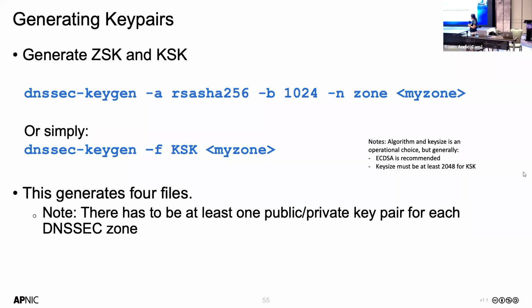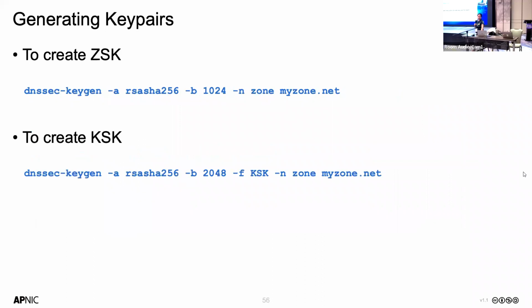After doing the key generation, you should have 2 files: one private key and one public key for ZSK. Then when you repeat the process for KSK, you'll have another 2 files. So altogether, you have 4 files for both the private and public keys.